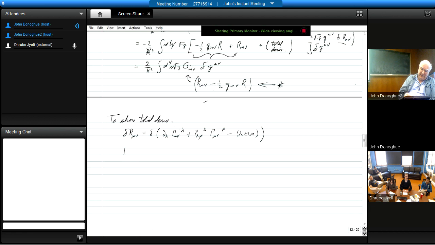So a covariant derivative, and so basically I take the derivative on delta gamma^lambda_{mu nu}, and then there's two terms here.